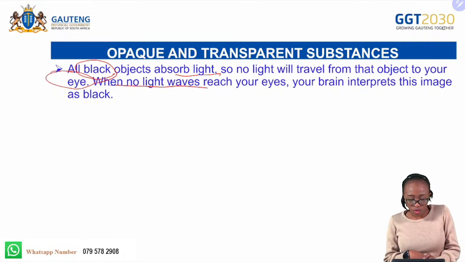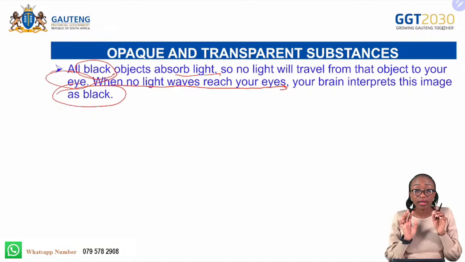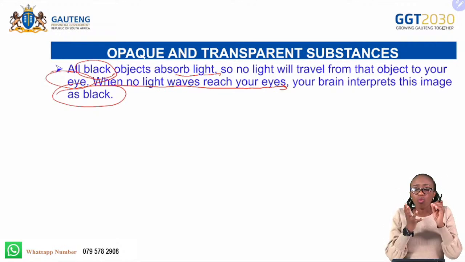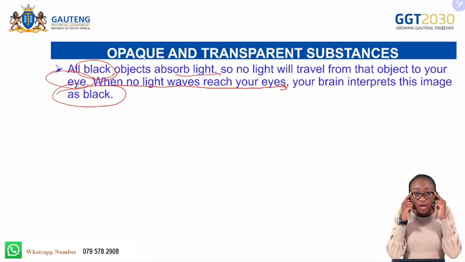When no light waves reach your eye, your brain is going to interpret the image as black. For your brain to interpret the image as white, yellow, green, orange, there has to be a wave that reaches your eye. But since black objects absorb all the light, no light is going to be reflected, then no waves are going to reach your eyes, and your brain is going to interpret the object as black.